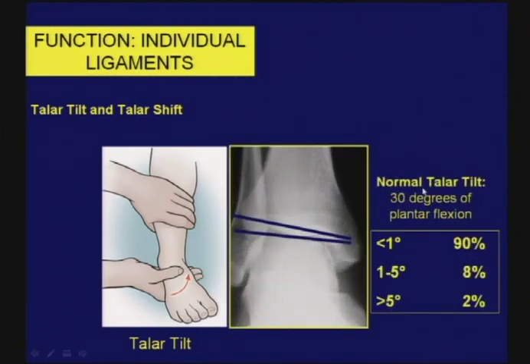It is not easy. Typically, the talar tilt is done in 30 degrees of plantar flexion. You draw a line along the top of the talus and one along the articular surface of the tibia, and they're almost parallel. And indeed, you can see that it's less than 1 degree in 90%. If this angle measures more than 5 degrees, it's probably abnormal.